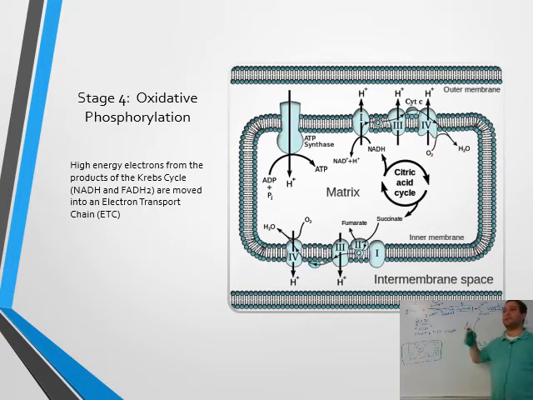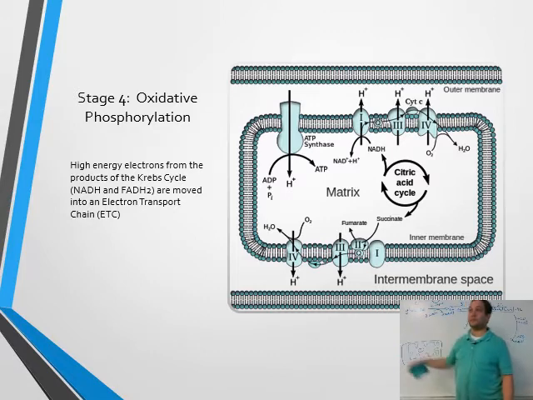These are the energetic electrons that we're going to use in the next part. The ATP and the GTP have all gone off and they're going to start building things on their own. We're getting ready to move these FADH2s and NADHs somewhere else. Good to go? All right.